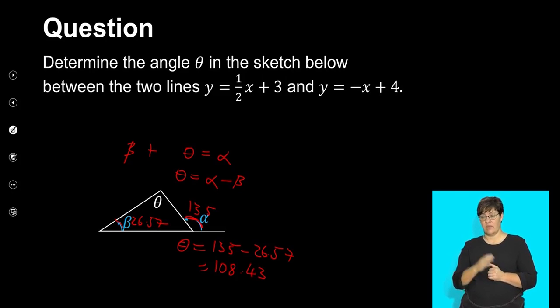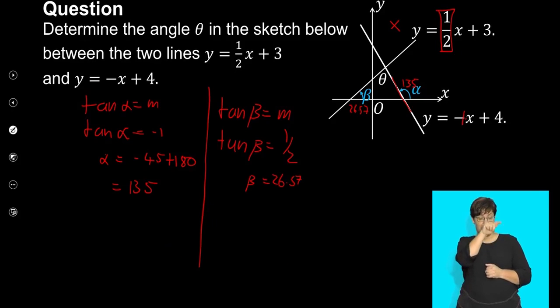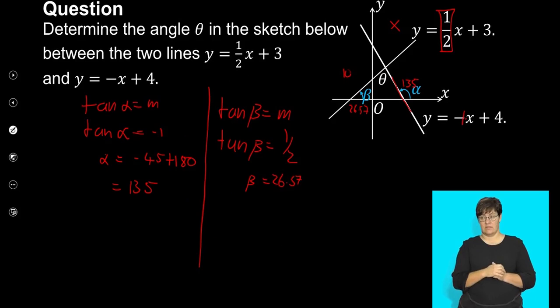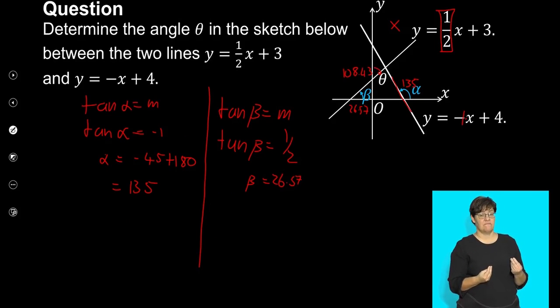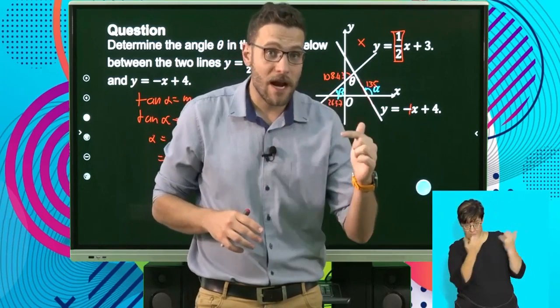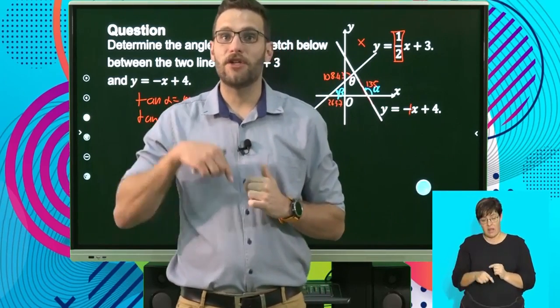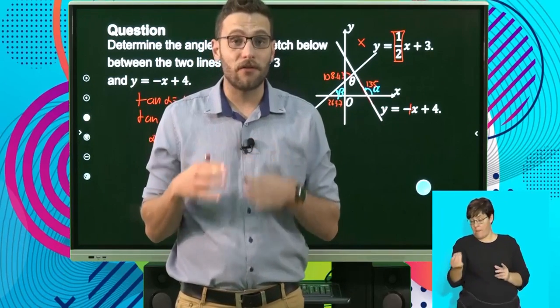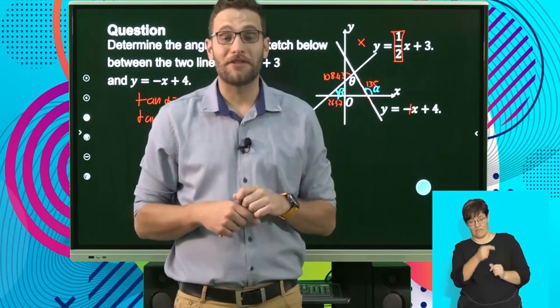So that angle there, theta, is 108,43. So whenever we have an angle between two lines, what I'm always going to do is work out the angle of inclination of the one line, work out the angle of inclination of the other line, and then use geometry to solve for the angle that they want me to solve.